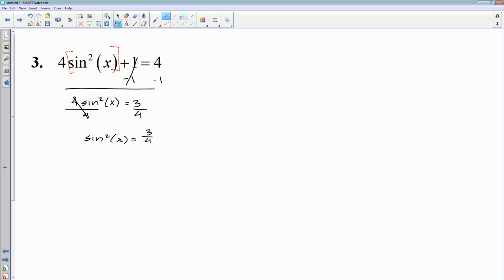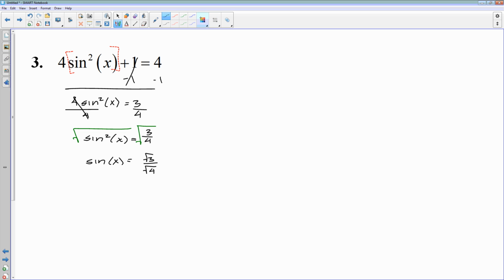Then I need to take the square root because it is sine squared. So I'm going to do the square root of 3/4, which would give me the square root of sine squared, which is sine. And the square root of 3/4 is the square root of 3, which I don't know, over the square root of 4, which I do know.